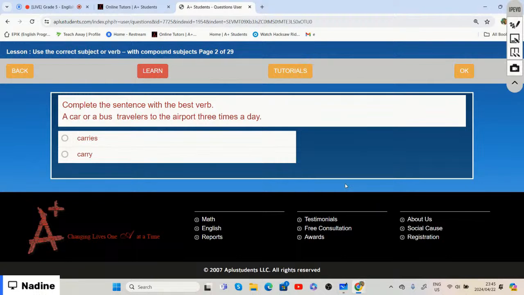A car or a bus, do we say carries or carry travelers to the airport 3 times a day?